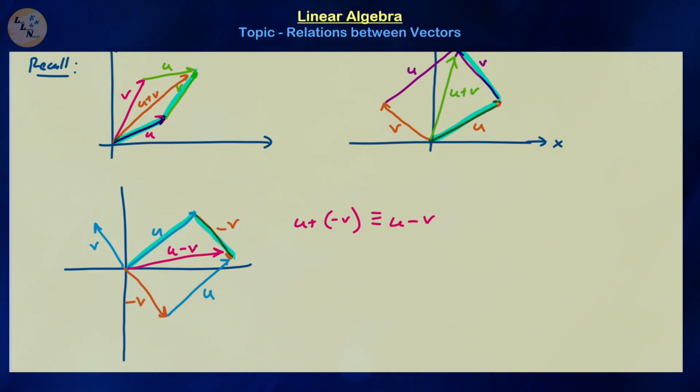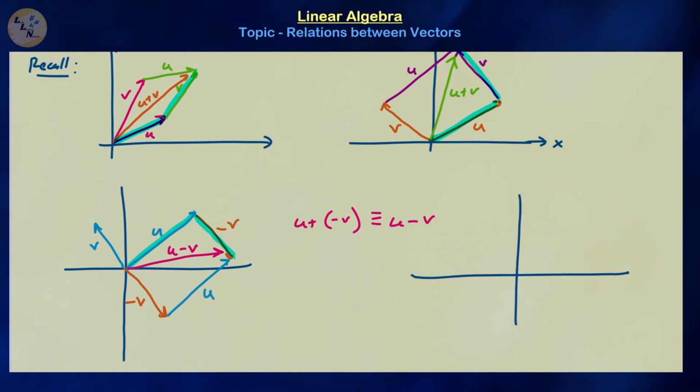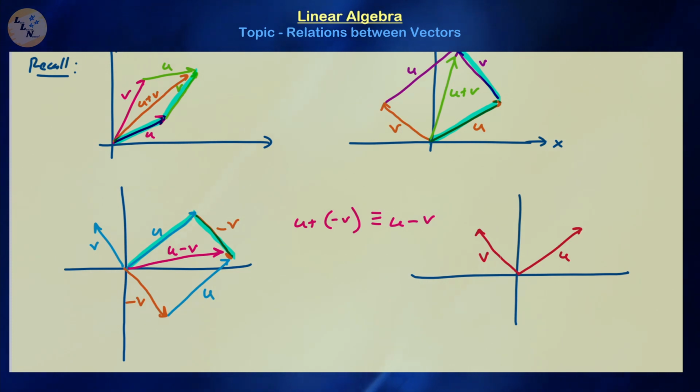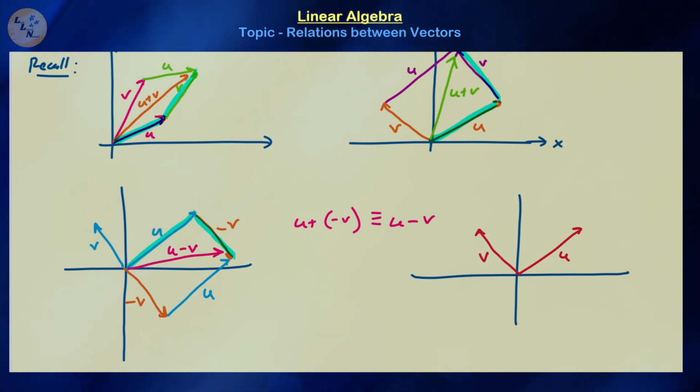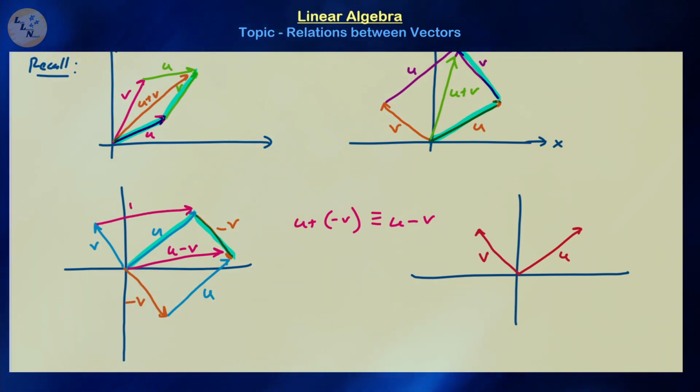If we follow the same exact logic, let's draw another diagram. Let's assume that this is u and this is v. Which vector in this particular picture would v minus u be? If I were to represent this in terms of the old vectors in blue on this left picture, technically u minus v is this red vector, but u minus v also is this vector here.